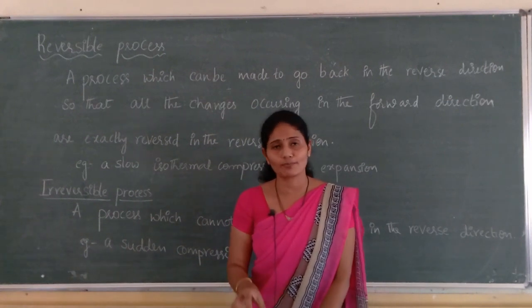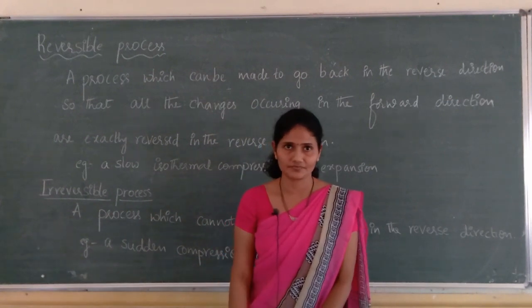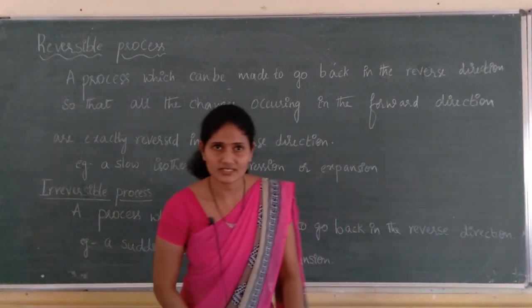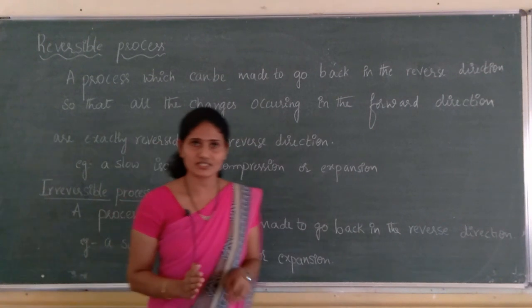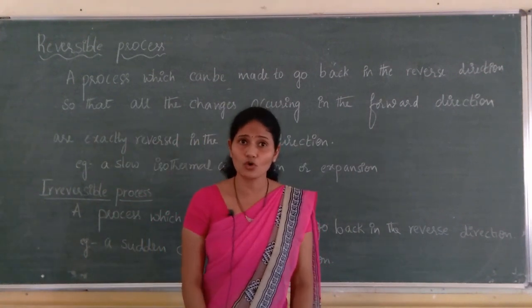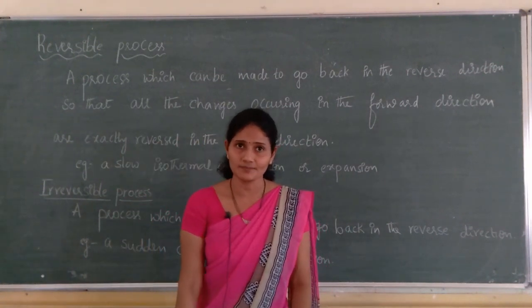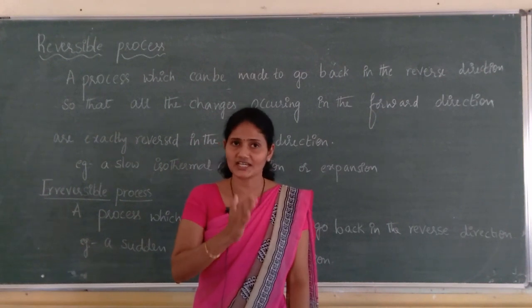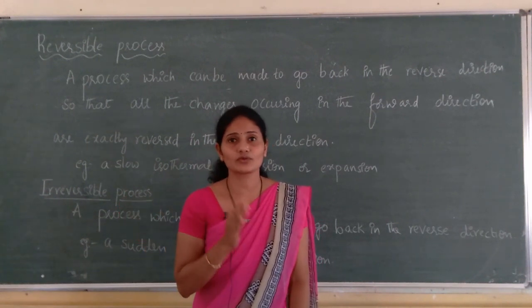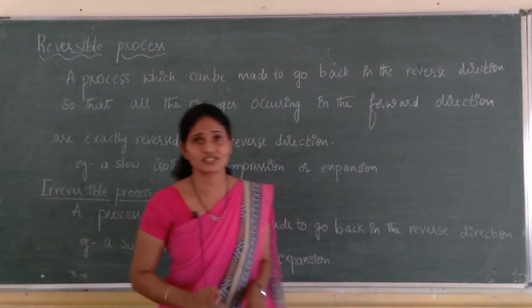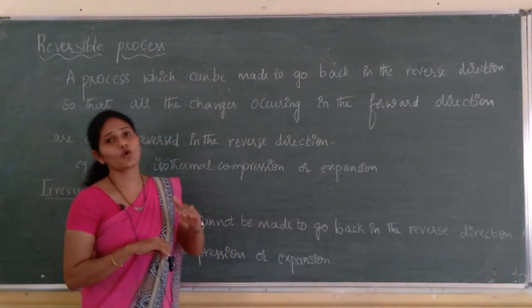When we say that a process is reversible, a process is said to be reversible if that process can be made to go back in the reverse direction, so that all the changes occurring in the forward direction are exactly reversed in the reverse direction. This is possible only in case of a slow process.